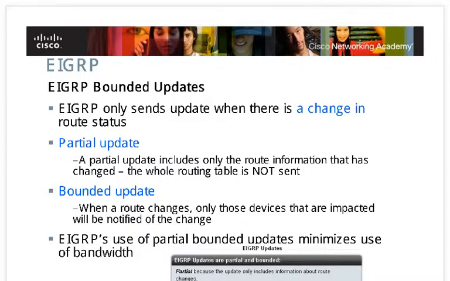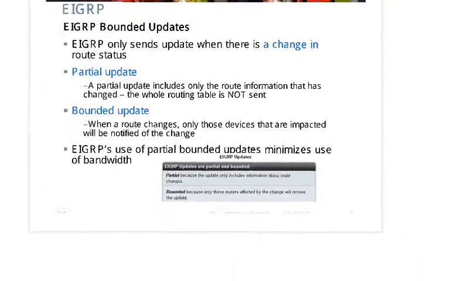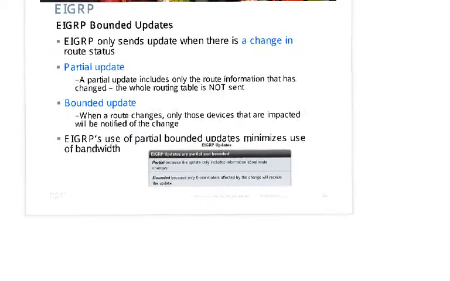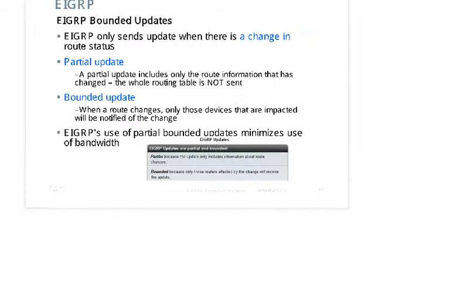As we have discussed before, EIGRP uses bounded updates and partial updates for the route update. By partial update, we said that it indicates only the networks that have changed, whether a network goes down or a new network gets connected.